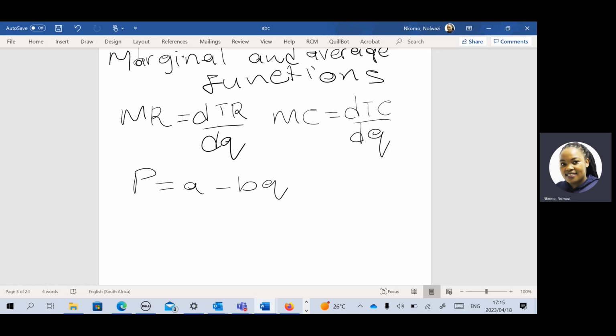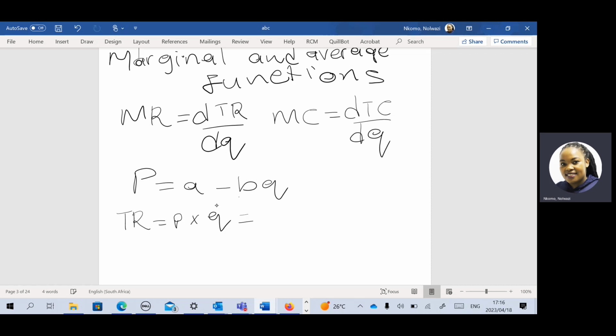If you are given a demand function, we find the total revenue by multiplying the demand function with the number of units demanded. So our total revenue would be P times Q, right? And we know that P is equal to A minus BQ.